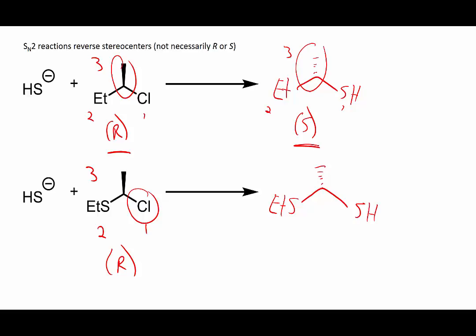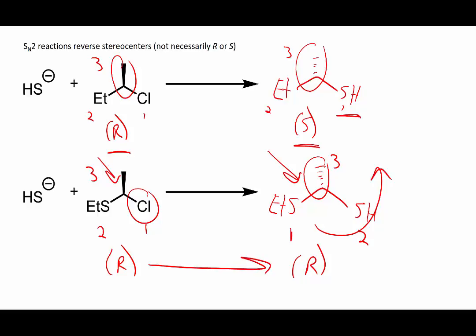Now, instead of the SH being the highest priority, it is the S-ethyl group, because ethyl is larger than hydrogen is. So this is 1, 2, 3. So this goes counterclockwise, but it's backwards. So this will actually be R. So even though we inverted the stereocenter from a wedge to a dash, we went from R to an R.